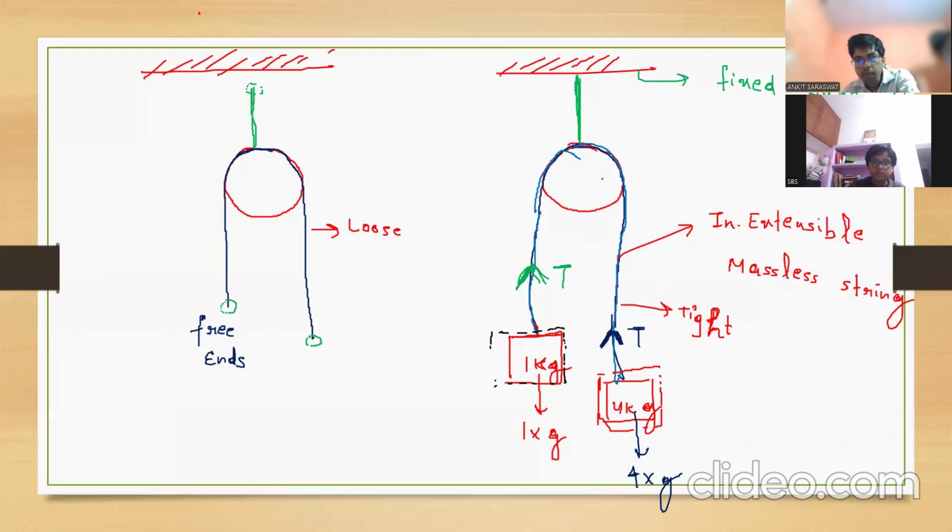Now, if the mass of this pulley is not given, then say it is massless or smooth. Tension on both sides of the pulley is the same. Clear? This pulley which I have shown now, nothing is given, so always take it as massless, or smooth.